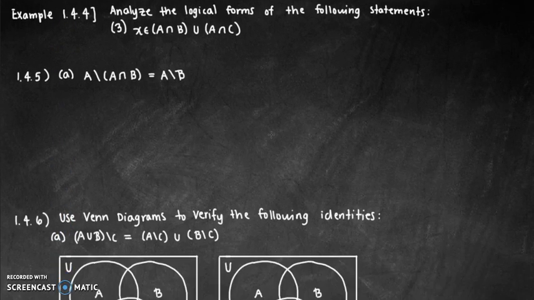So back to part 3. X element of A intersection B union A intersection C. So first we want to think about this union. So this union is kind of equivalent to an OR. So X is in A intersection B, or X is in A intersection C.